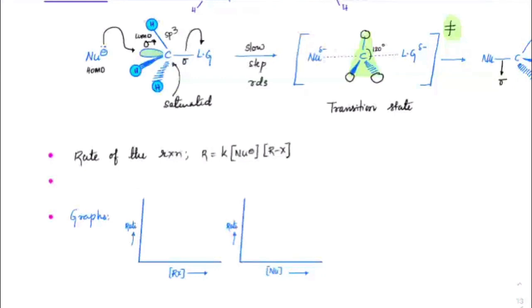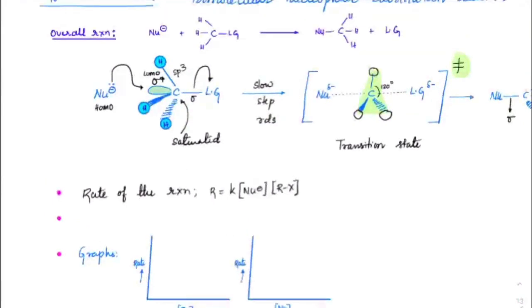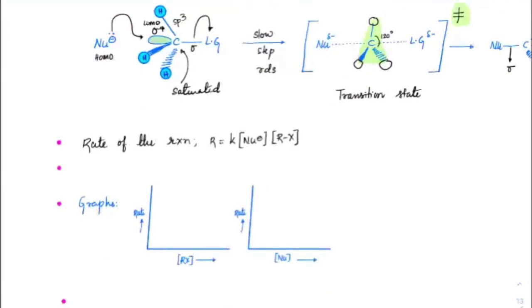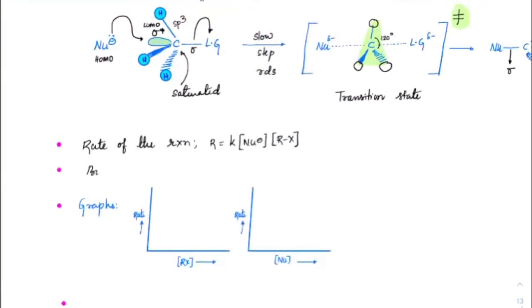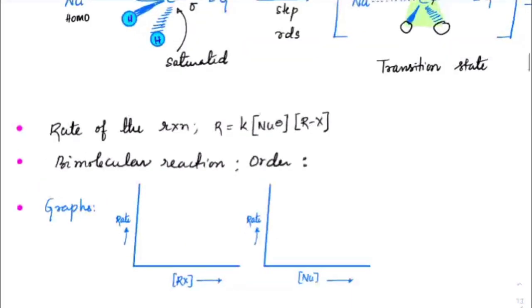Because in this slow step, we can see both the nucleophile and the substrate are present in the rate determining step. And since two molecules are present in the rate determining step, it is a bimolecular reaction. And if you were asked what the order of the reaction is, with respect to both nucleophile and alkyl halide, it is 1. So the overall order is 2.